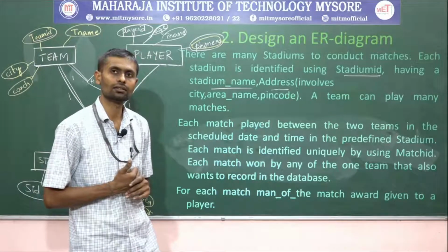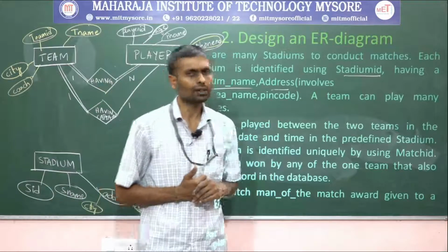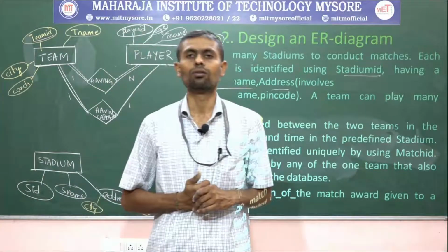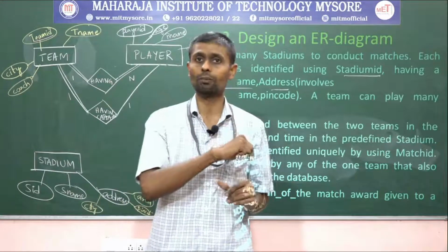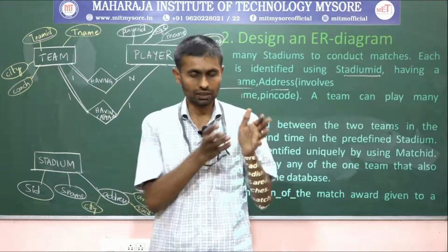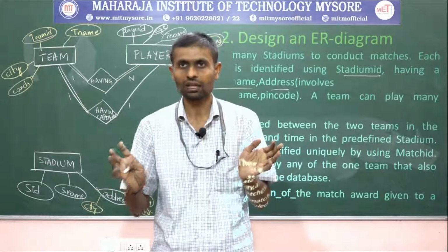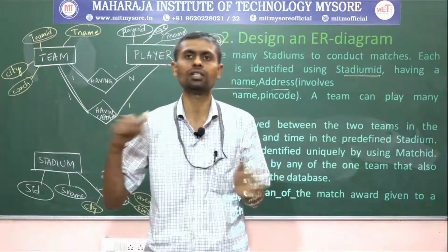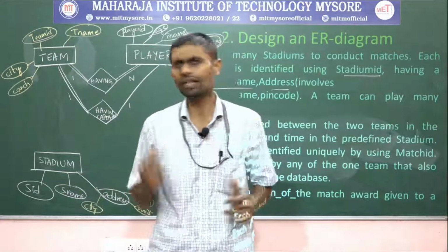What does it indicate, guys? They want to record the details about a match, whether this match is played between which 2 teams, what date and what time, and in which stadium, right? So that they want to record.